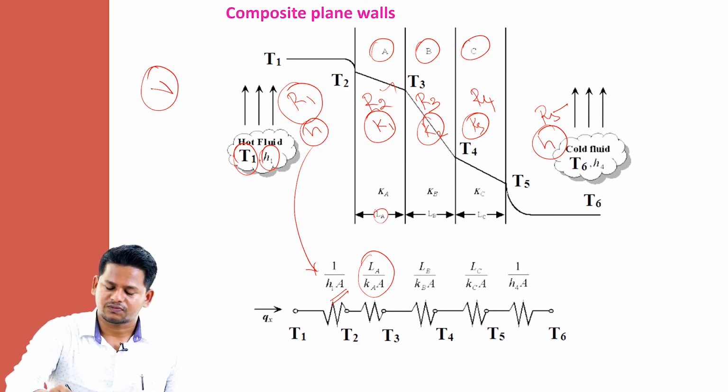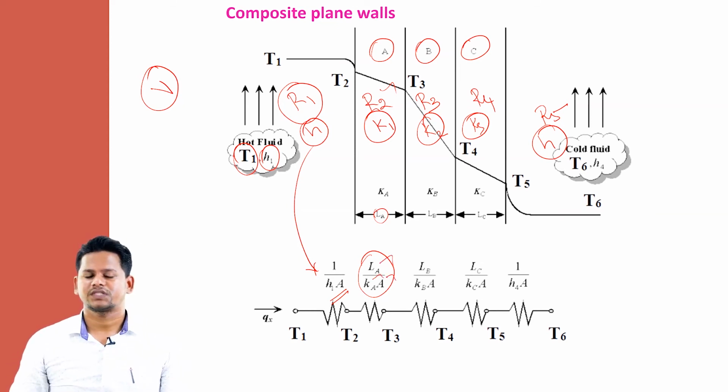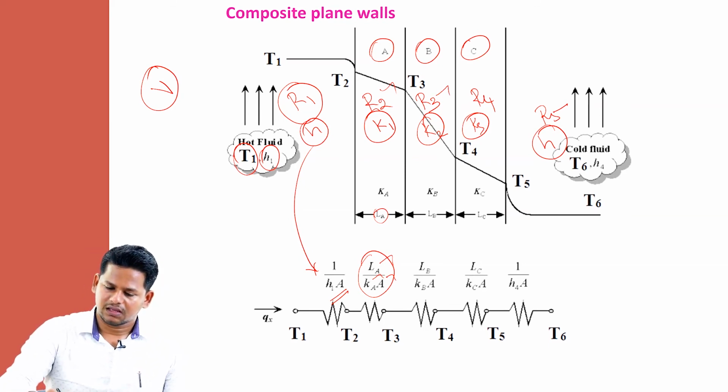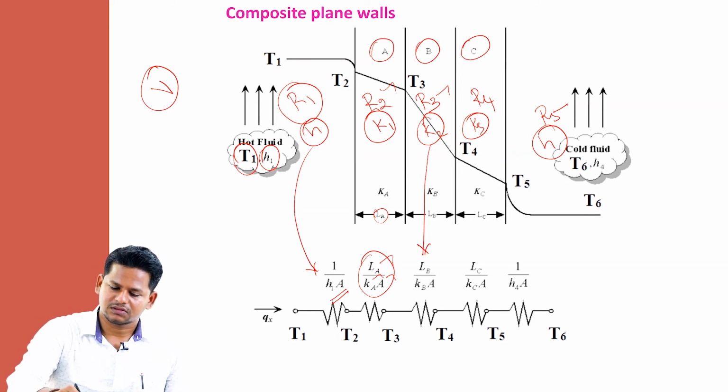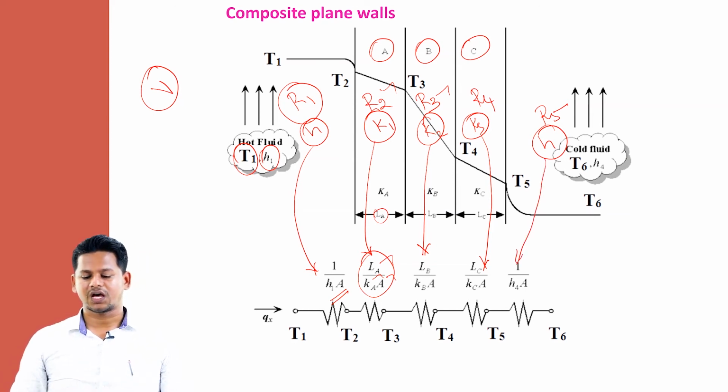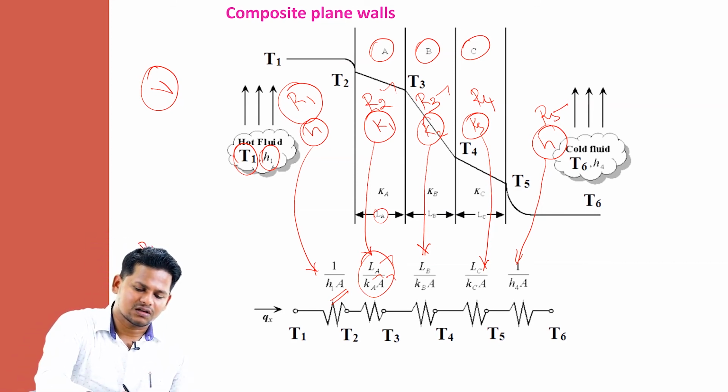For material A, La by Ka. Similarly you can calculate R3, again conduction, L by Ka. The final one is convection again. So we have 5 thermal resistances, everything in series.